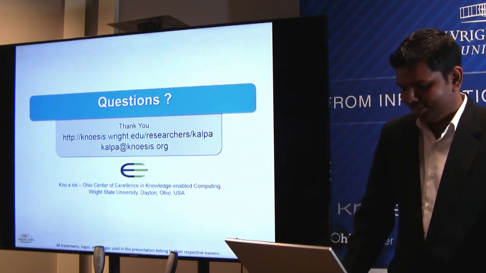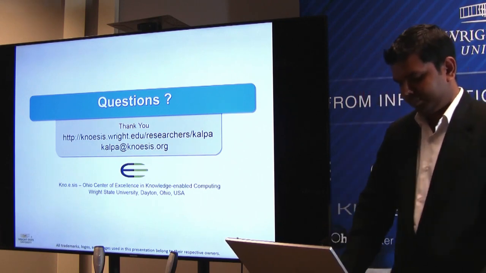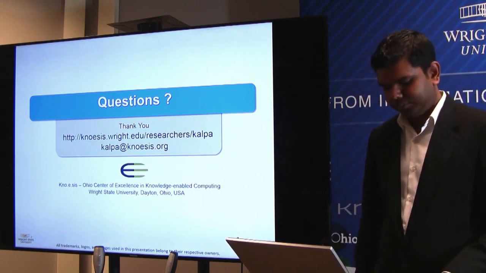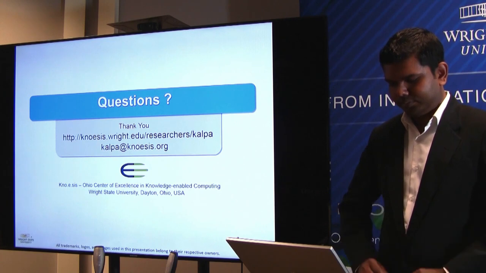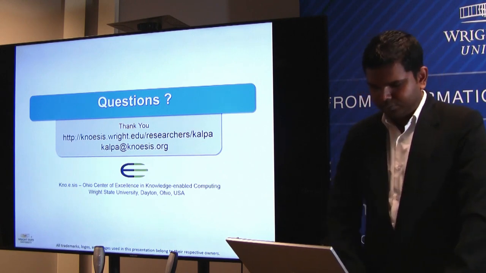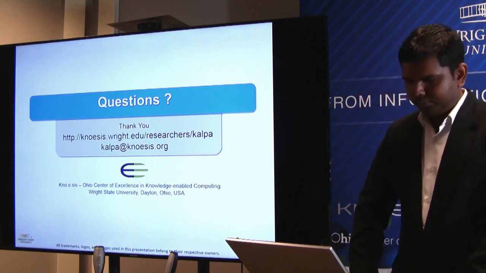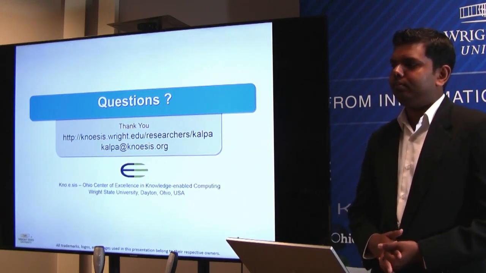So I've got a more general question, Kalpa. It's more about your thoughts. When I look at the pieces of work that you've presented, they're all very interesting in the context of knowledge graphs. And when you look at your thesis statement, a key part of it talks about structured data on the web. I'd like your thoughts on how specific your techniques are for web data.